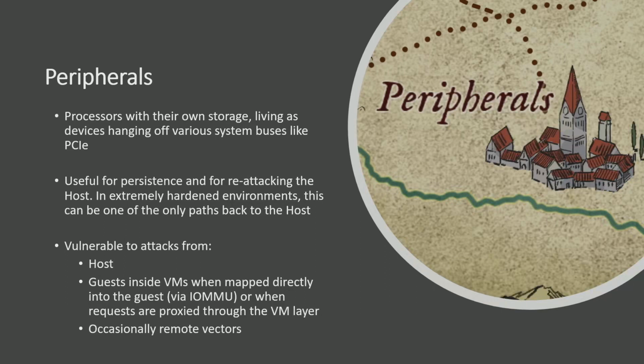The attack surface of peripherals, I think, is still not well understood or well researched. I'm particularly interested in some of the translation that occurs. Across all the different VM solutions, in some fashion you're either directly plugging one of these things in, mapping it in, or it's translating requests for you.